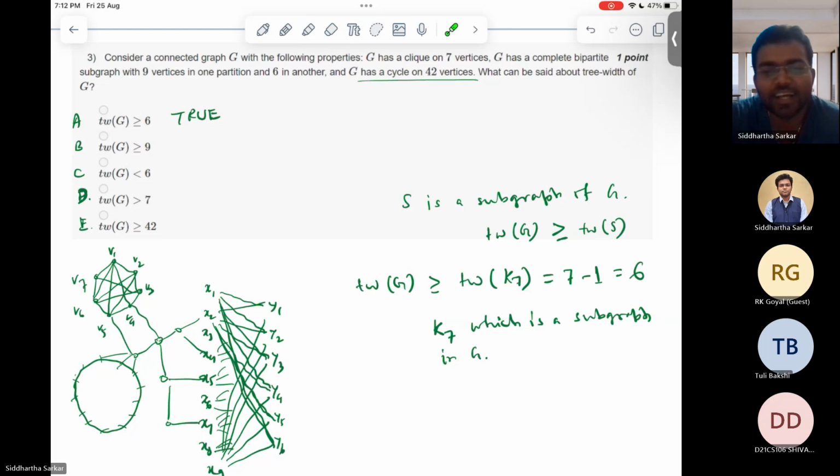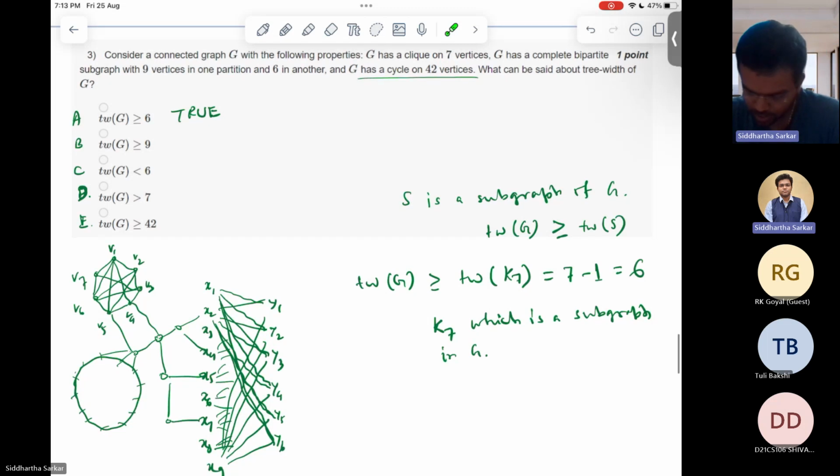All right, so you are taking back the previous answer. Yes, I think TW is greater than or equal to 6 is true, but TW would also be greater than or equal to 9, that is another possibility. Okay, I confused you, my apologies.